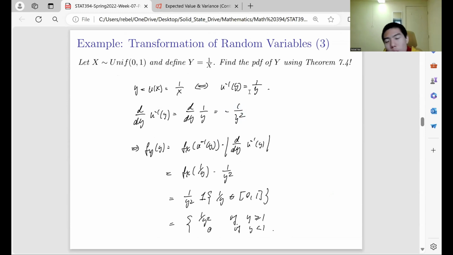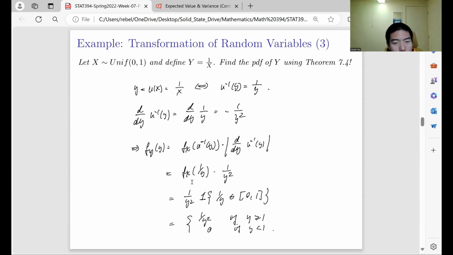We can find this by using the very basic property of differentiation. So it becomes this one times this one, and this one is 1 over y squared. And what about this one? This one is f of x at 1 over y. So it's actually 1 over y.